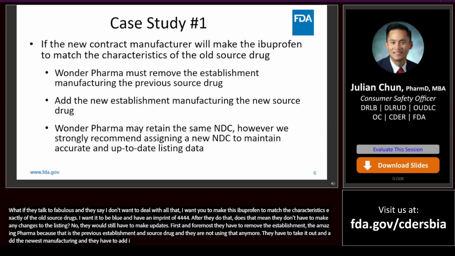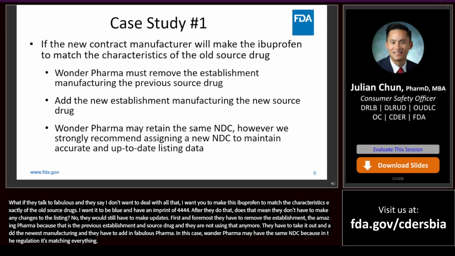So in this case, Wonder Pharma may retain the same NDC because in the regulation, it's matching everything. However, what we strongly recommend is that Wonder assign this new drug a new NDC, to maintain an accurate and up-to-date listing data. So that's our recommendation.